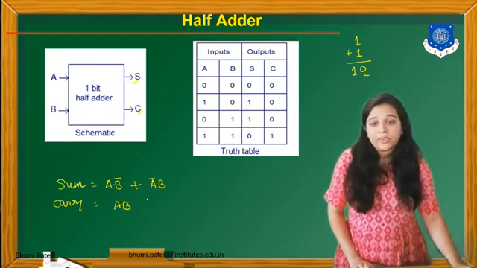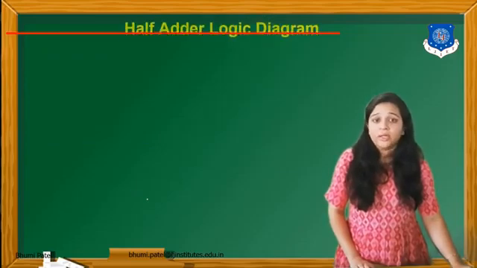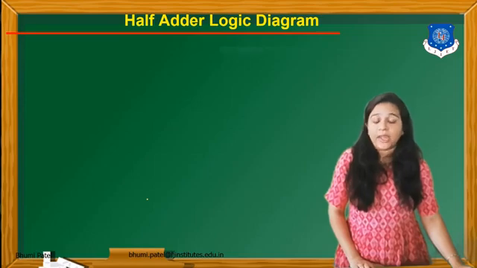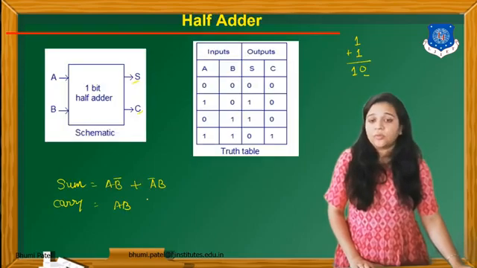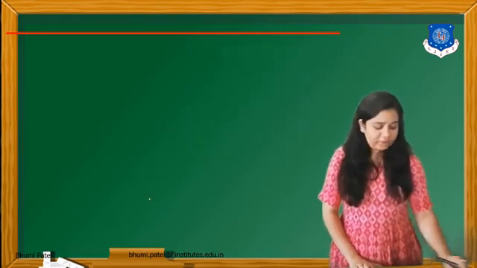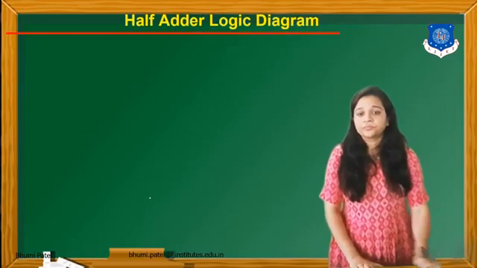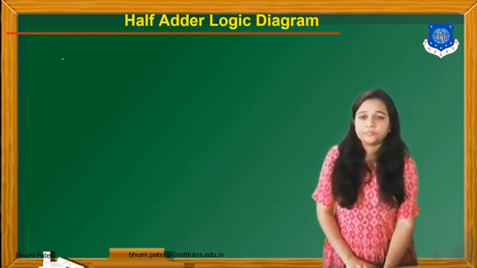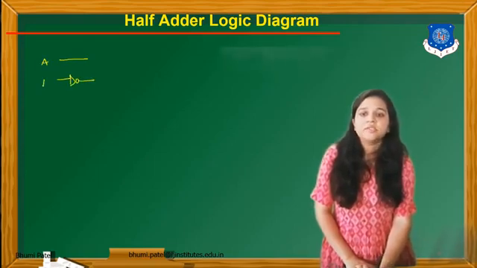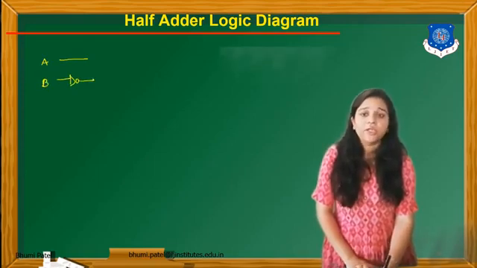Now the next step is to draw the logic diagram using the equations for sum and carry. What is the equation of the sum? Sum is equal to A B bar plus A bar B. So we take two inputs. The first input is A and the next input is B bar. We put an AND gate here. This is my A input, this is my B input, and A into B bar.